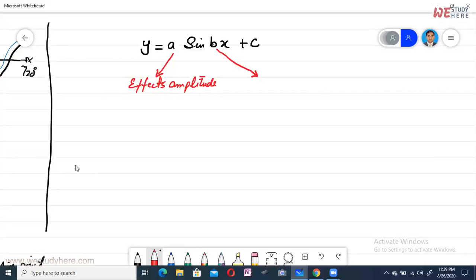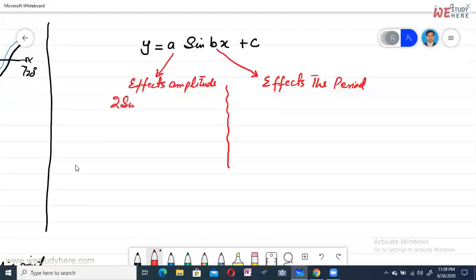this b affects the period. Okay, here I'm giving you the example for amplitude. Suppose here is 2 sine x. Then here amplitude is 2.